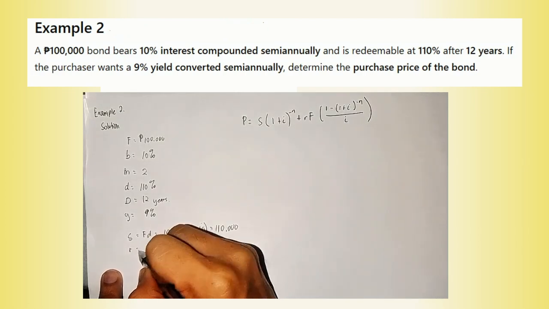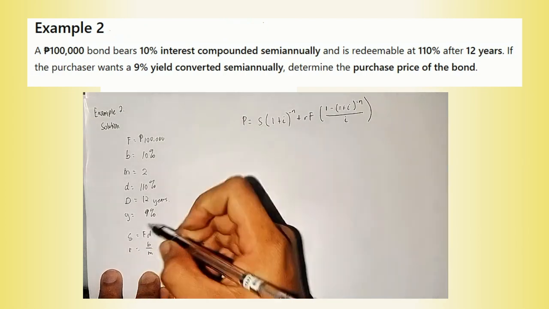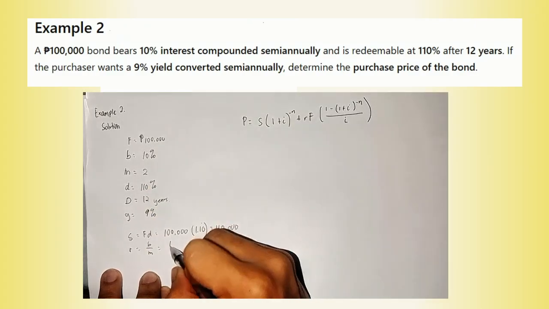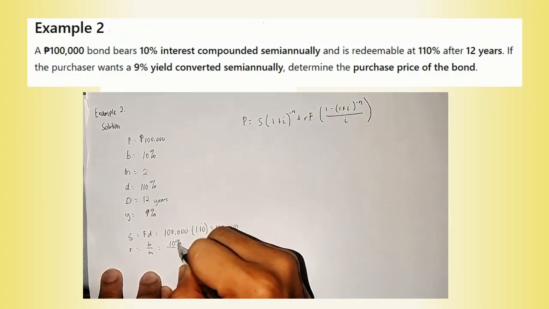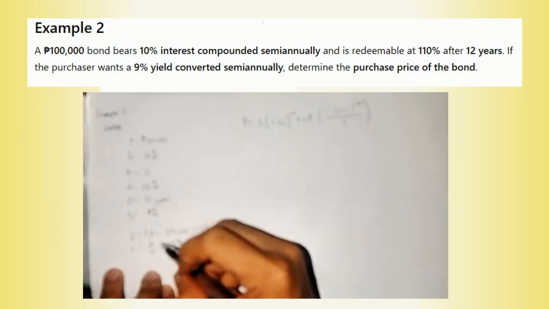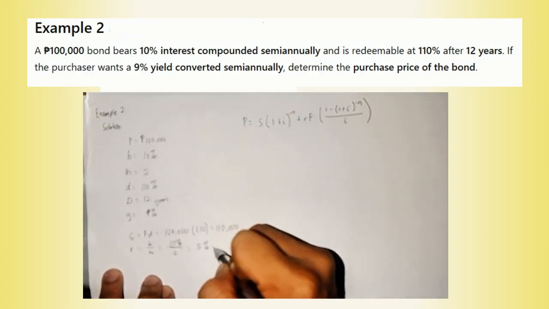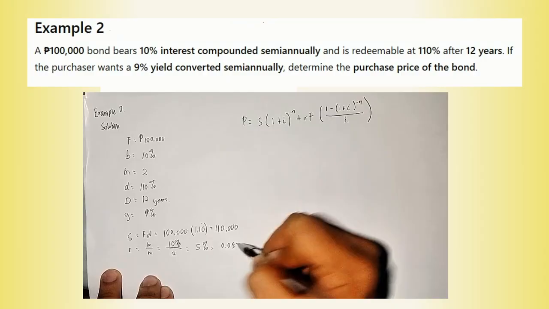Now our R is B over M, where B is 10% over M is 2, basically 5% or 0.05.